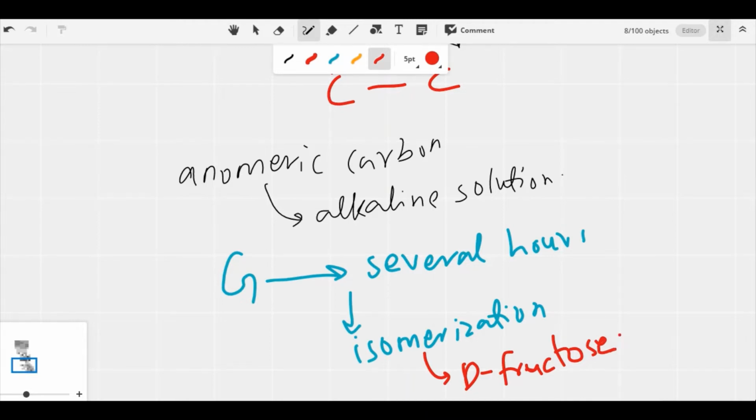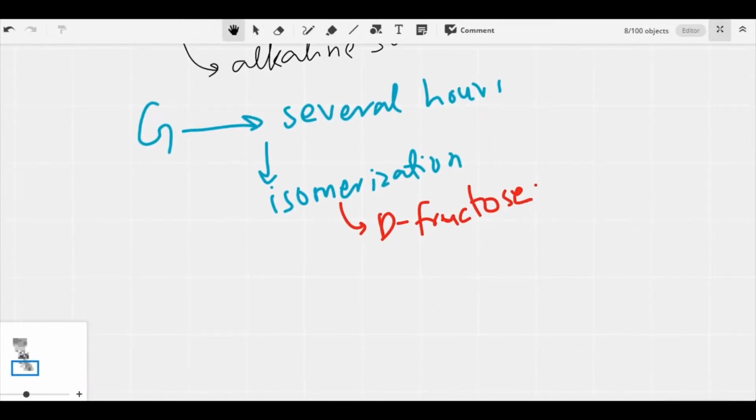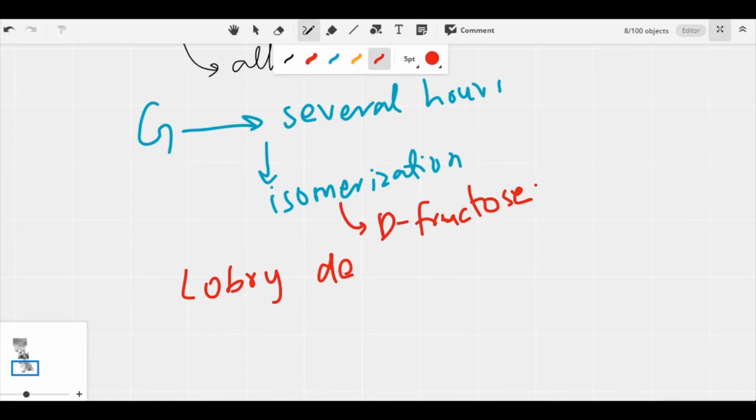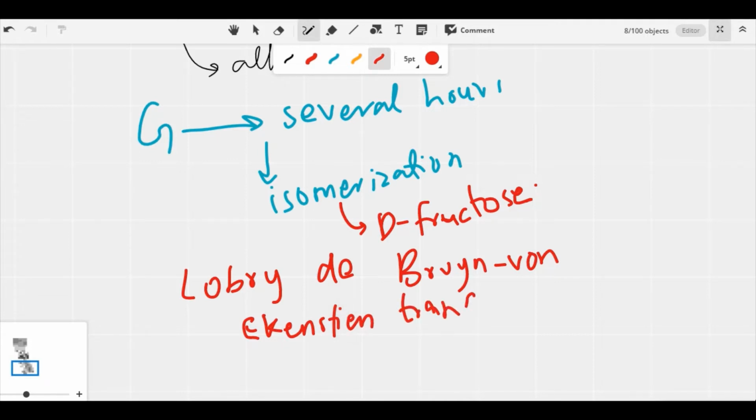Okay, so this reaction is also known as the Lobry de Bruyn-Alberda van Ekenstein transformation.